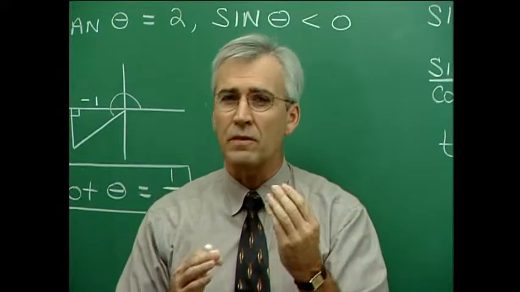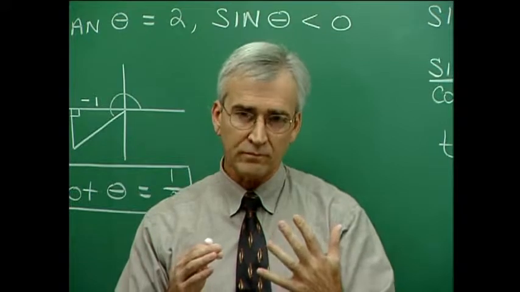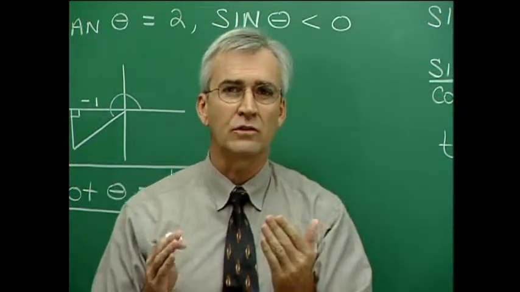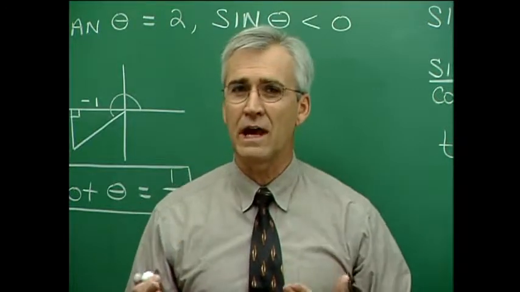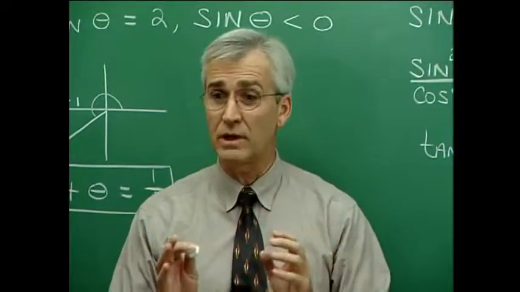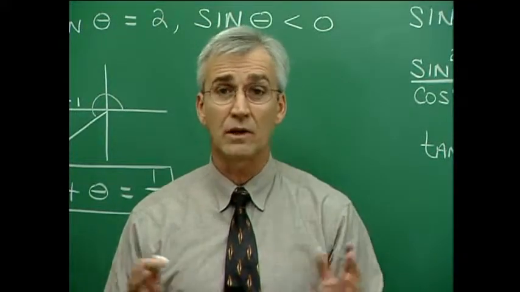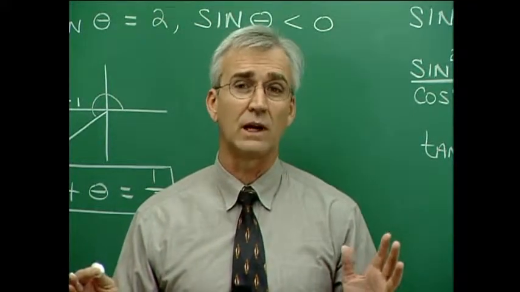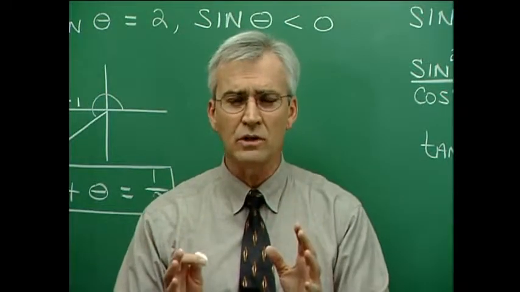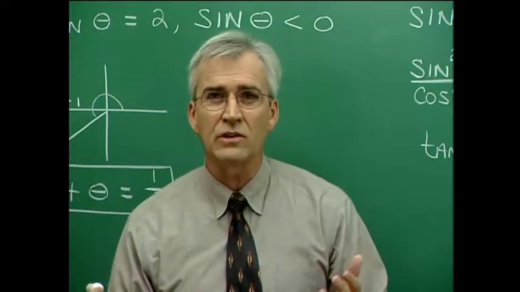Now, for the Pythagorean relationships, remember there are 2 trig functions related in each of the Pythagorean relationships. And the one that's easy to remember is sine squared plus cosine squared equals 1. That comes to mind perhaps rather quickly. The other 2 also involve 2 ratios, but they're not as easy to remember.